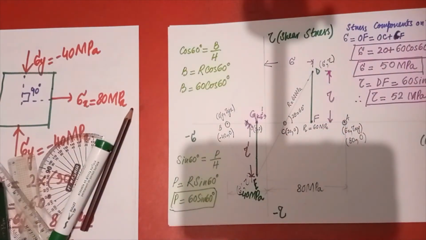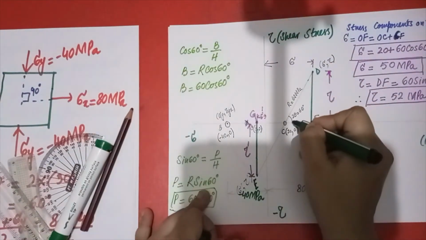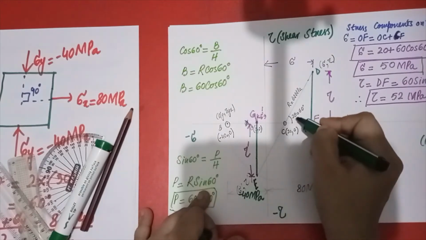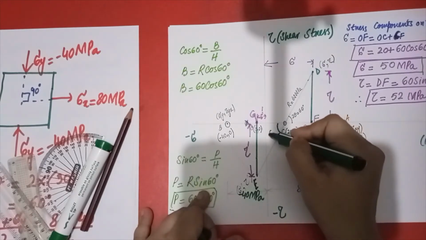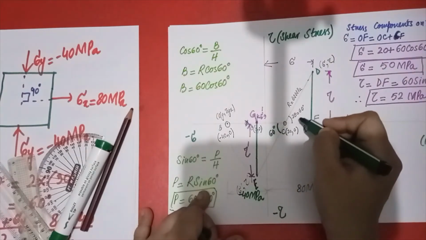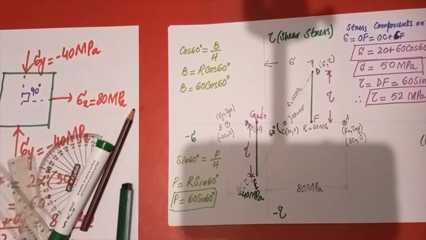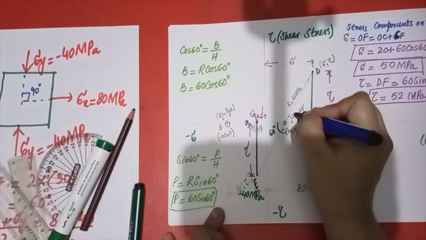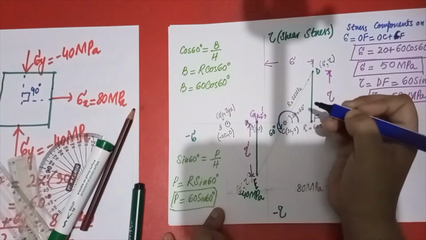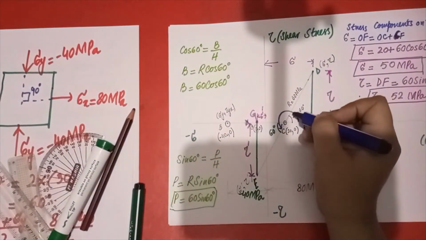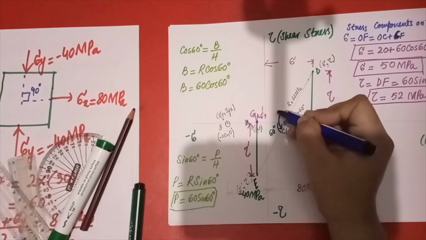The next thing, I must tell you here, if it is 60 degree, so this angle is how much? It is 180 degree plus 60 degree, because this is 60 degree. So it must be the opposite angle. And when I rotate it like this, this is a complete 180 degree plus 60 degree.